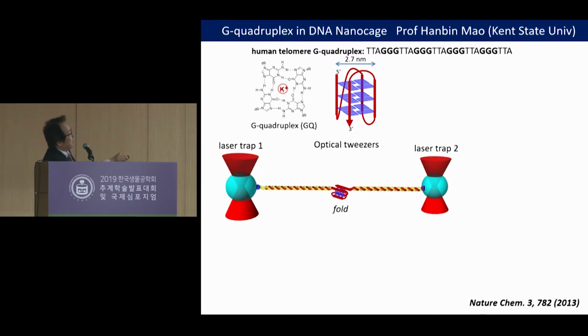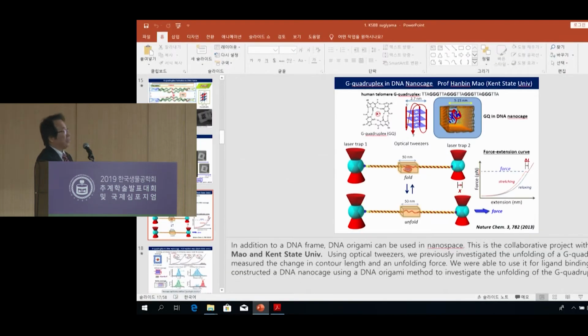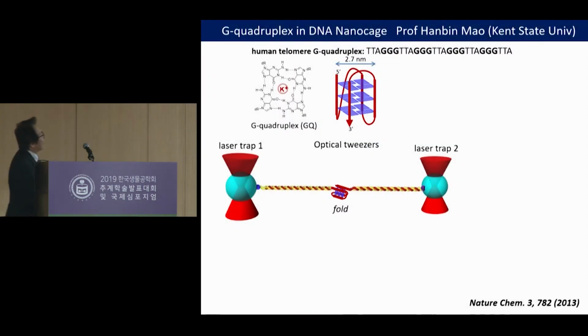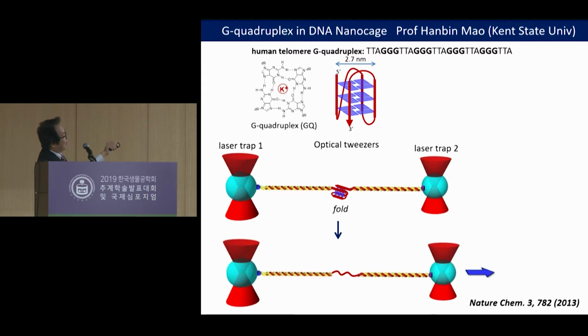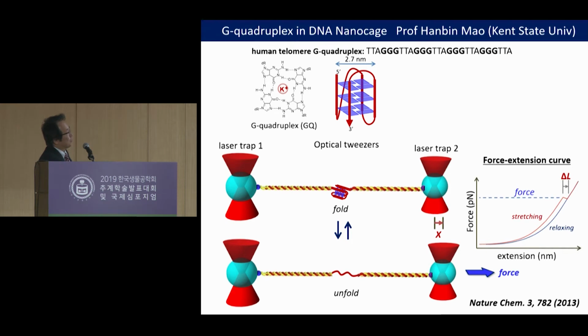And we place the G quadruplex between 2 beads, and measure the force and extension contour length by force extension curve shown here.